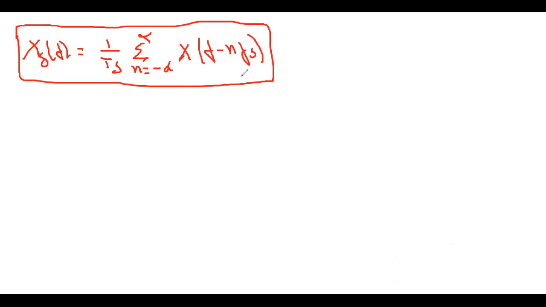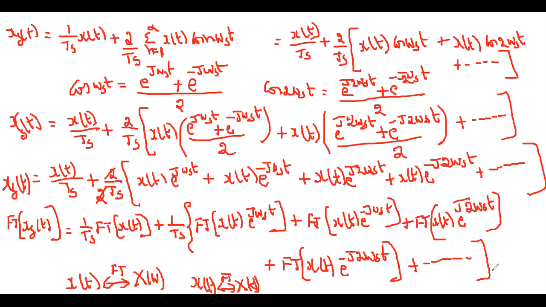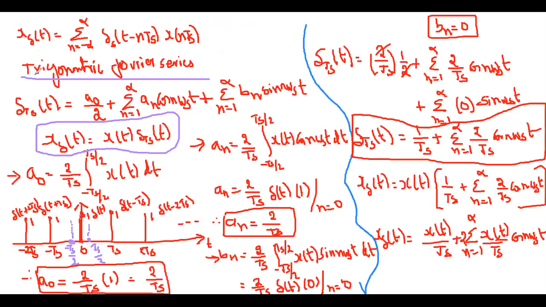For the time domain function, we take X delta of t is equal to the sum of n from minus infinity to infinity of delta of t minus n ts times X of n ts.